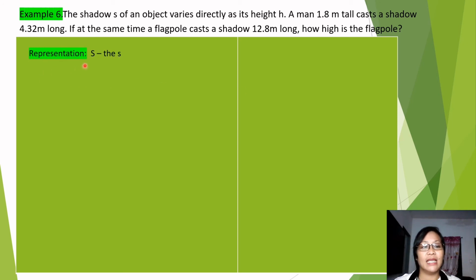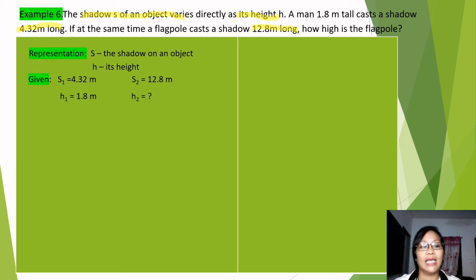Representation, S is equal to shadow of an object, h is for the height. And for our given S sub 1, we have 4.32 meter long. And for our S sub 2, we have 12.8 meter long.